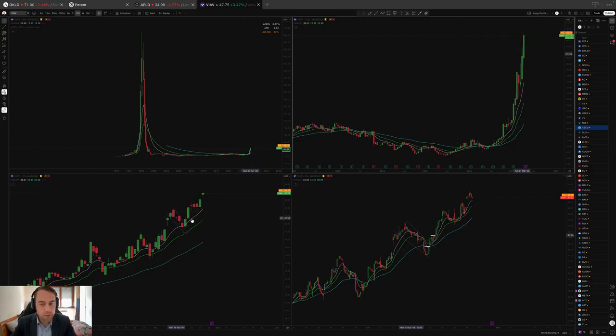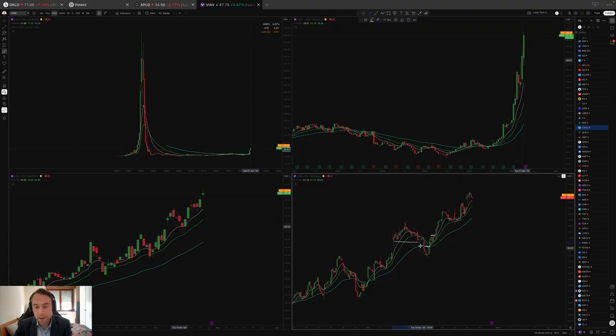For example, this one is this one. As you can see, if you're not used to this methodology, this for you could be a break of structure. So you could say, okay, price broke the structure, it's possible that it wants to continue going down.